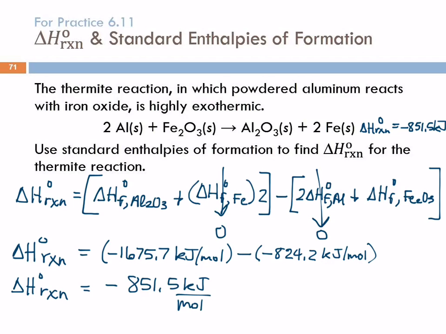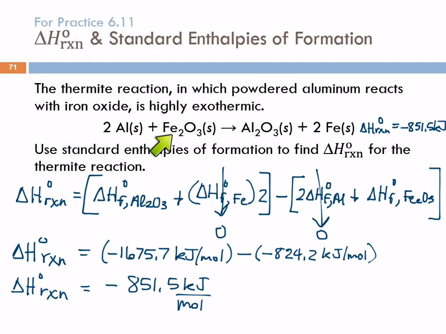Yeah. So, we say that aluminum is not going to take any energy to form, right? Right. And this iron oxide, there was an energy change or an enthalpy change involved in its formation. So that was the minus 824. So if you form Fe2O3 from iron, solid, and oxygen, that's going to release 824. But that's not part of the reaction? No, that's not occurring, but there is energy that is stored in the chemical bonds, right?